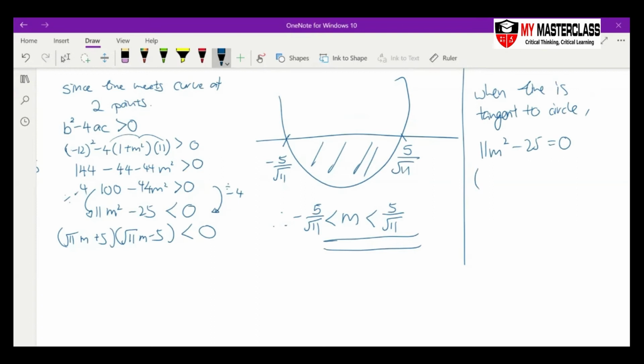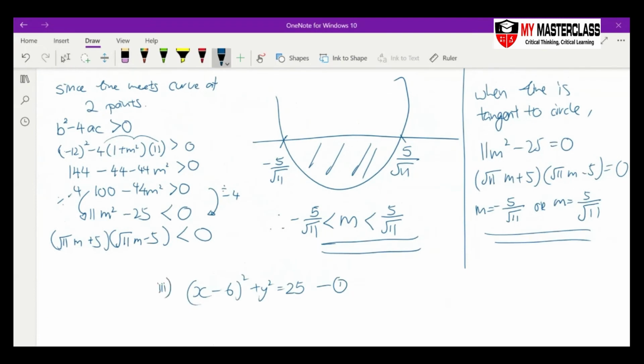So you will still get root 11 m plus 5, root 11 m minus 5 equals 0. So m equals negative 5 over root 11, or m equals 5 over root 11. So it is related.